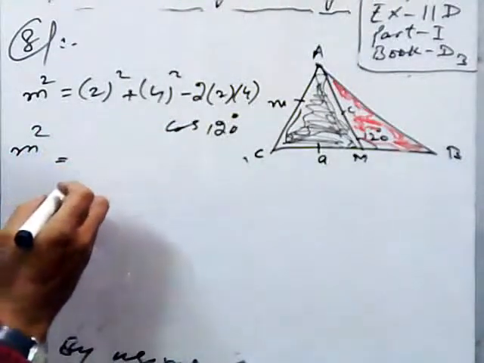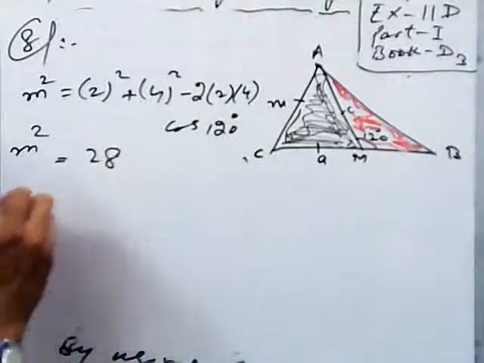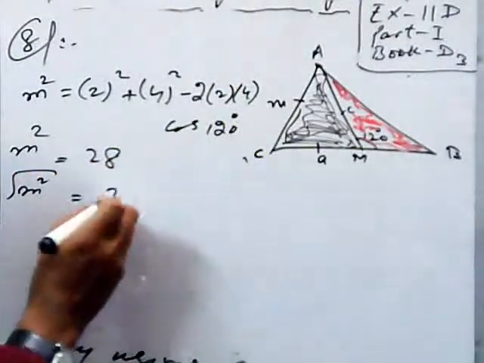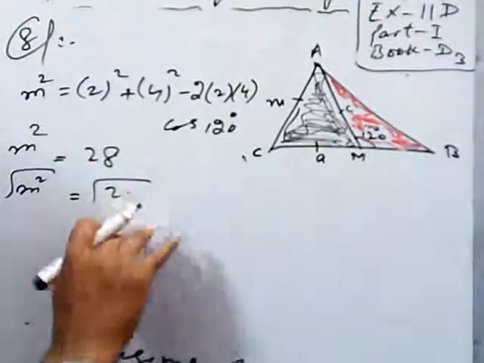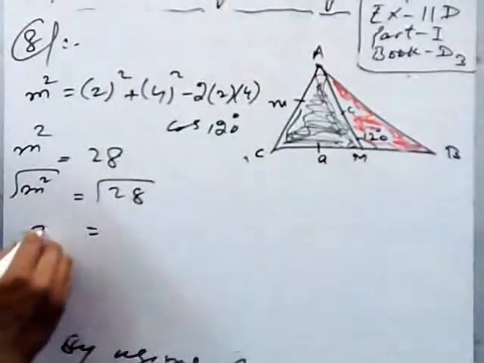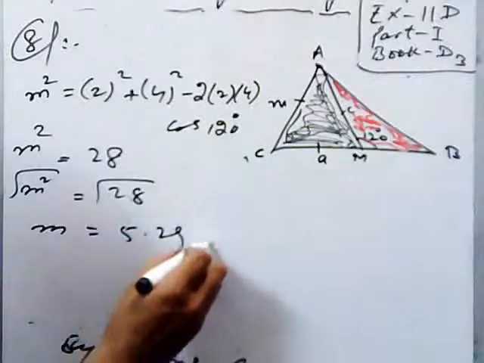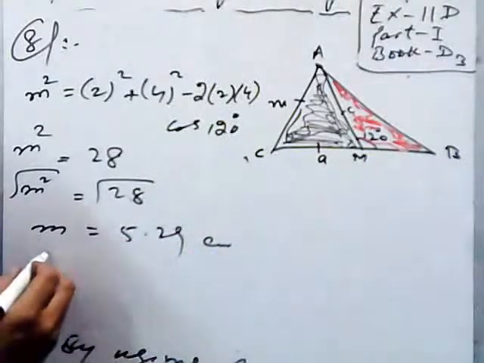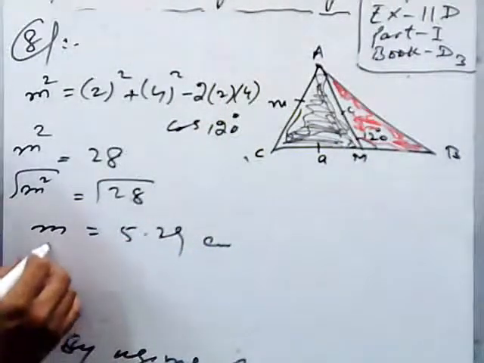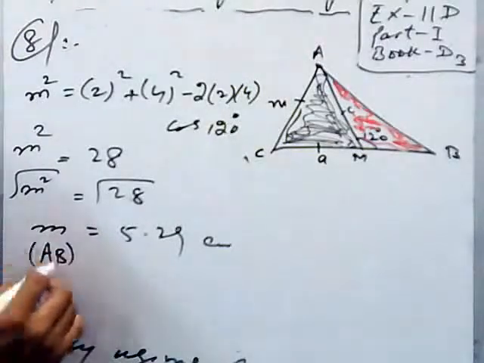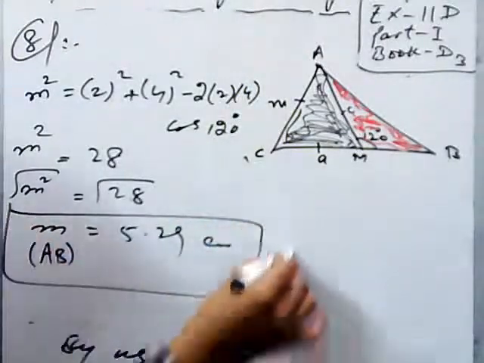After simplification, that is equal to 28, but you need only m, taking the root sign. So you will get the value of m is 5.29 centimeter. Here m is actually your AB, because we have to calculate this. So that is your result.